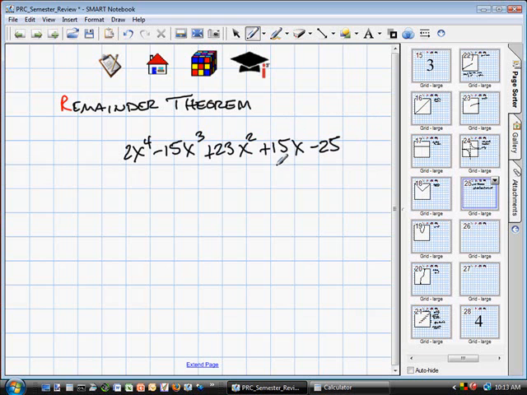Well, actually, what the book says is, find all the zeros of this function. No sweat, right? Actually, there might be quite a bit of sweat here.